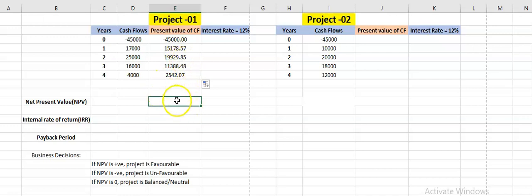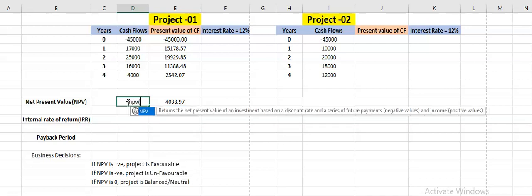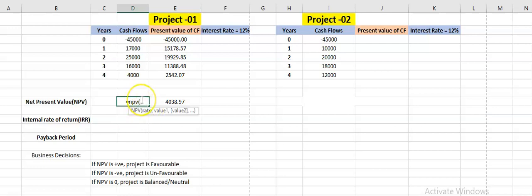If we sum all the present values, we observe that NPV is equal to 4038.97. Manually, NPV is 4038.97. Now we calculate NPV directly in Excel. It's so simple. Type equals NPV, bracket open, rate of interest 12%, comma, then select the values. You must be careful about the selection of cash flows.